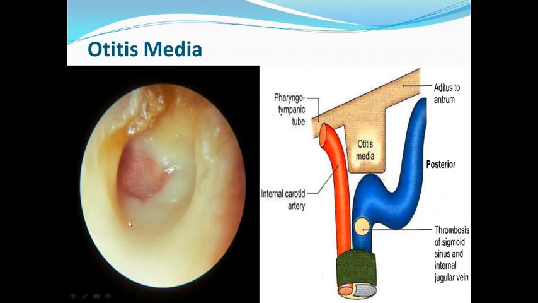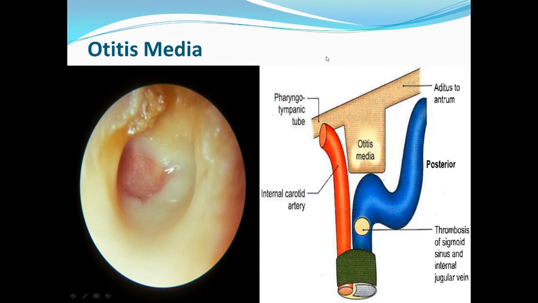So due to this otitis media, there is accumulation of pus in the middle ear cavity, and it can take one of the courses. It may be discharged to the outer side through the external ear, or it may erode the roof and spread upwards.